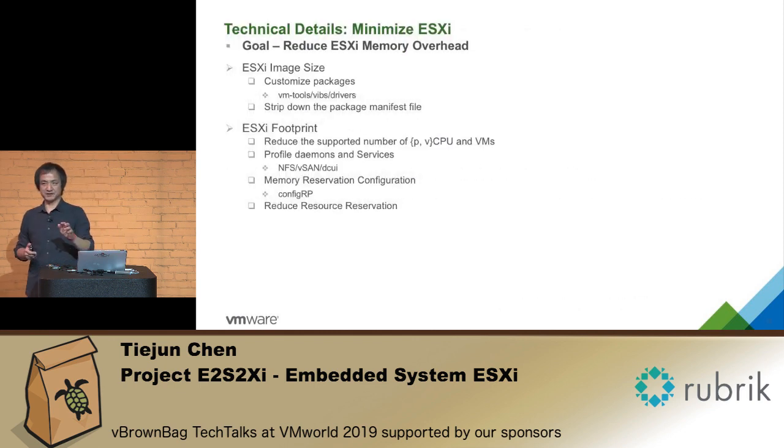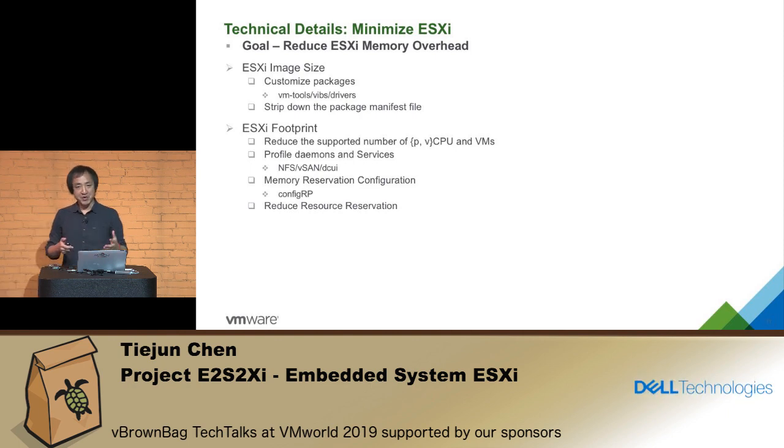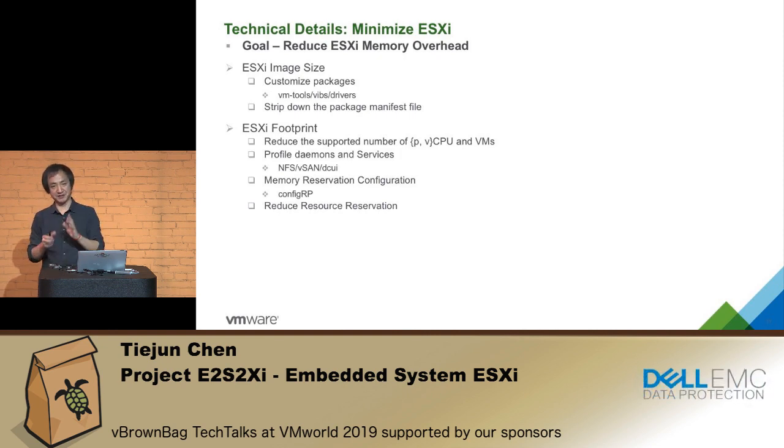Put them together, and we can provide the foundation of a software-defined embedded system computing service solution. But the challenge is that ESXi is designed for data center physical servers. It's very heavy, so we are facing some challenges. The first one: these devices are resource constrained. So we need to reduce its image size and the memory overhead.